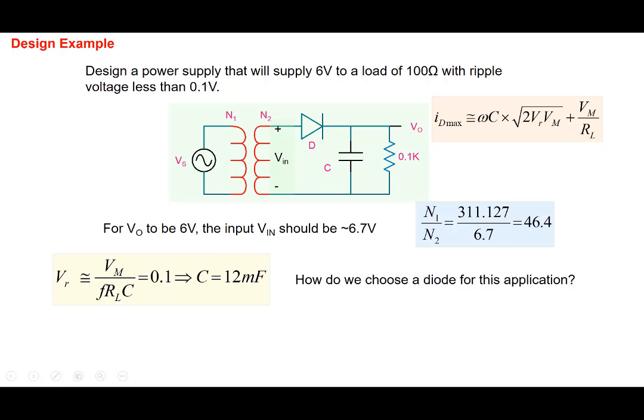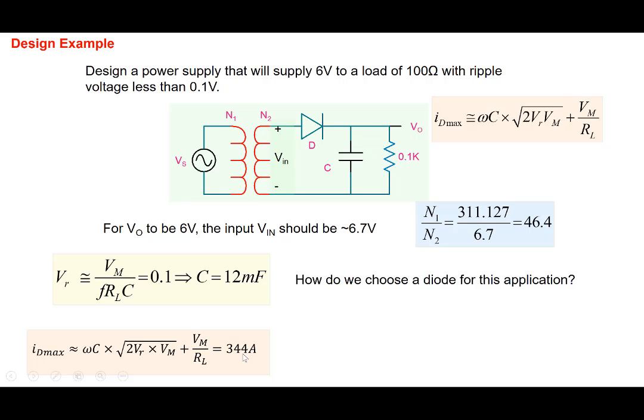Okay, so we had seen this design example, and we had raised this issue of how do we choose a diode for this application. We had found the value of the capacitor, 12 microfarad, and a transformer we said we should choose with a turns ratio of 46.4. And the next task was, how do we choose a diode? Based on the maximum diode current, we can calculate it if we plug in this expression.